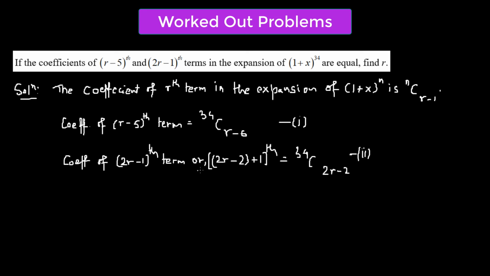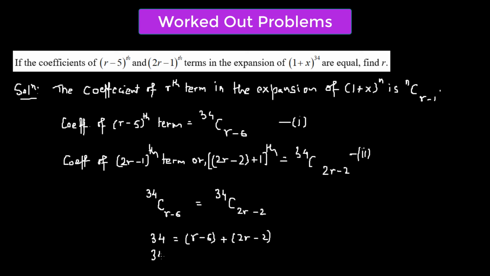Now it is given that the two coefficients are equal, meaning that 34C(r - 6) is equal to 34C(2r - 2). And we know that when the two combinations are equal, then 34 must be equal to the sum of (r - 6) and (2r - 2).